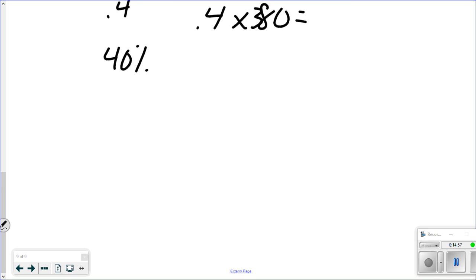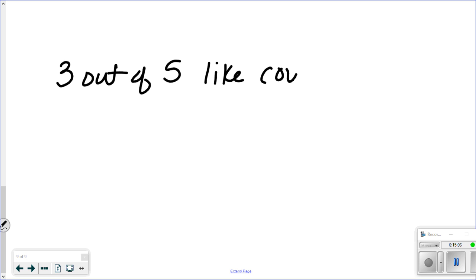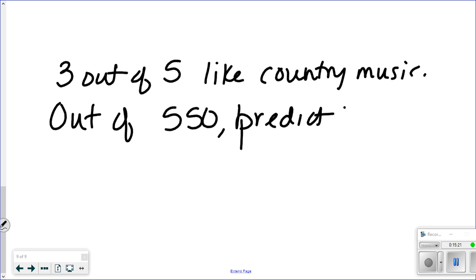Let's say 3 out of 5 like country music. Out of 550, predict how many like country.